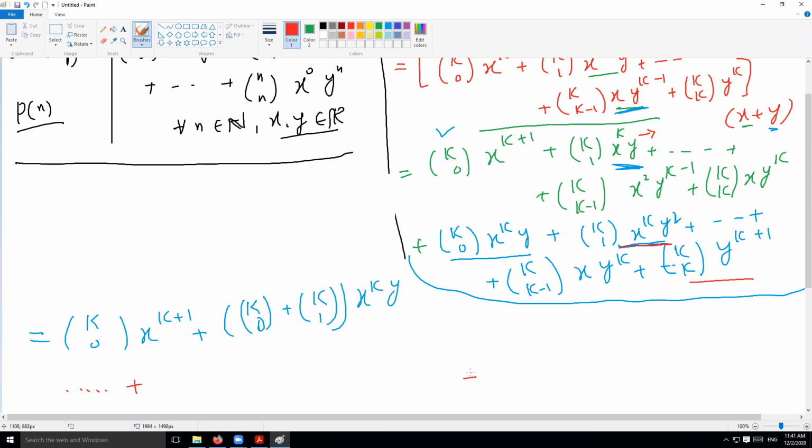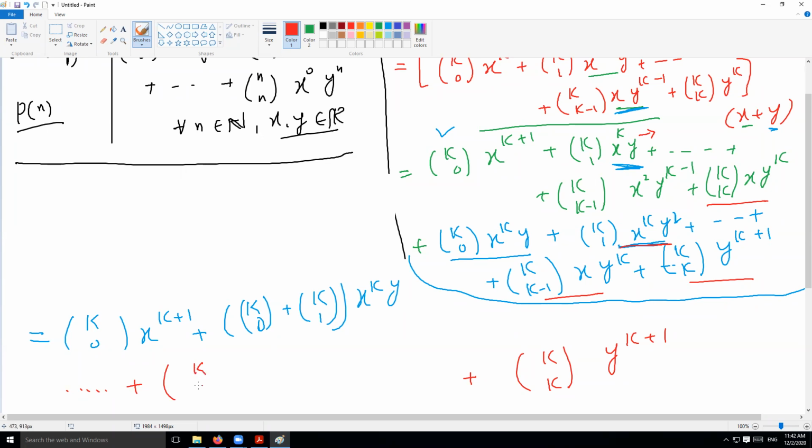Okay, so let's settle it down. So you have k and y power k plus 1. Is there any other term that is agreeing? Yes. This term is the same as this term. The second last term of the above expression is the same as the second last term of this. So if you put them together, what are you going to get?